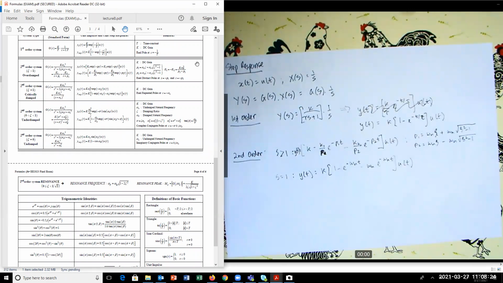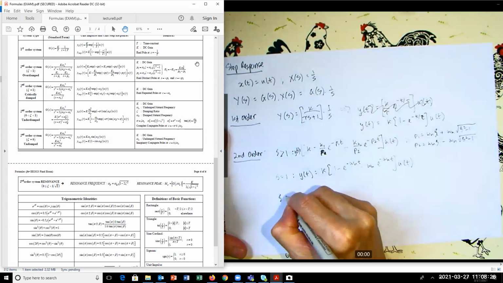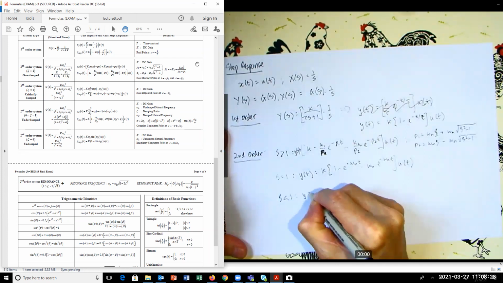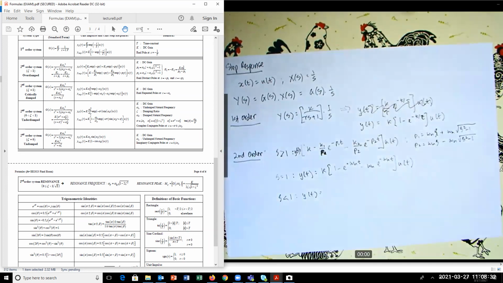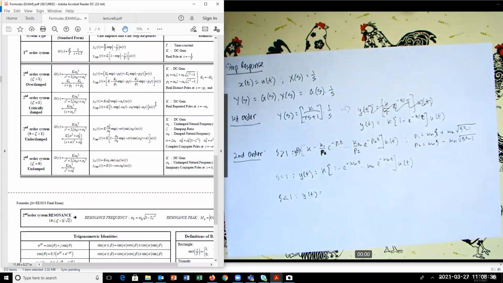Then the next one is when zeta is less than 1, then y(t) will be equal to, let me blow it up a bit so that's easy for me to see. So this is for critically damped, and now we have underdamped.